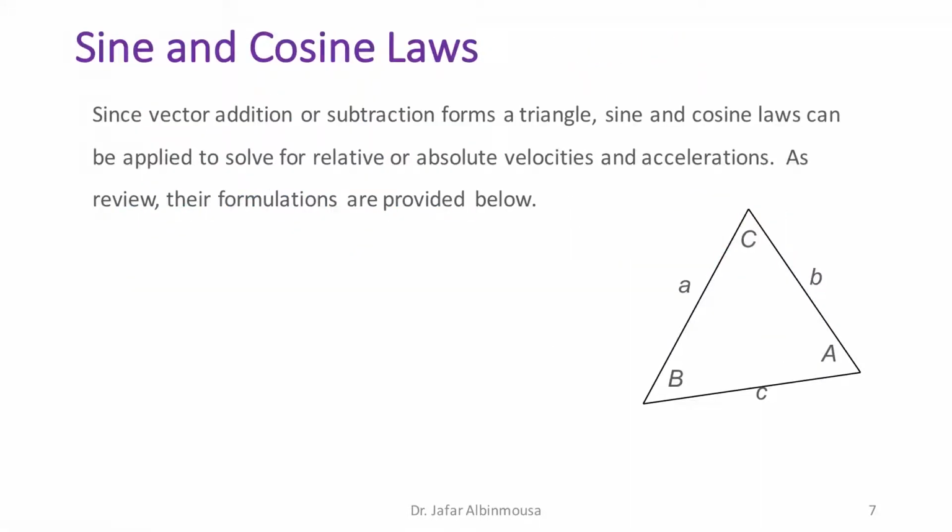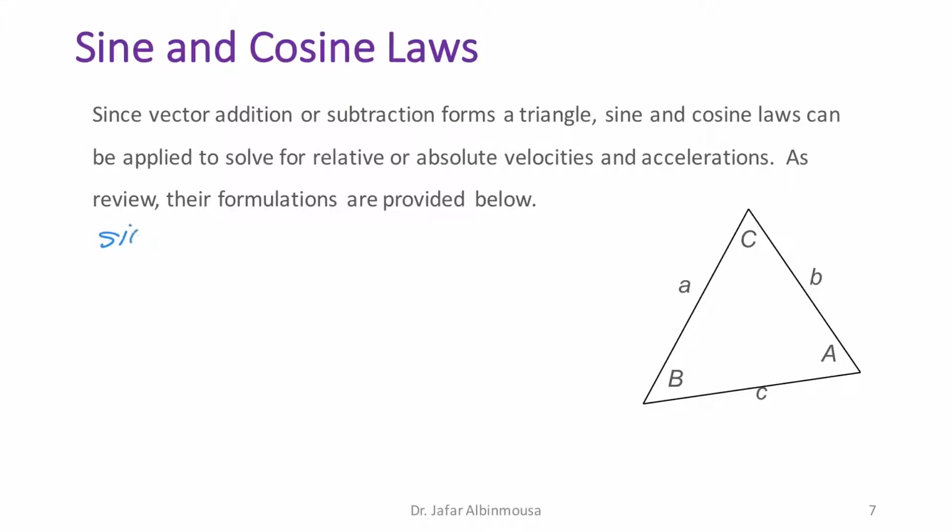As we saw from the previous examples, we will always end up having 3 vectors added together. So in this regard, the sine and cosine laws are very useful. Let me write them down here.